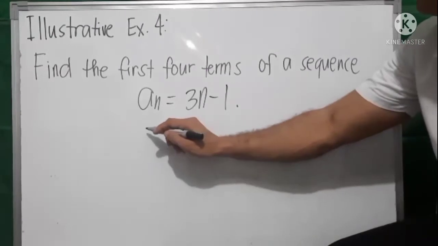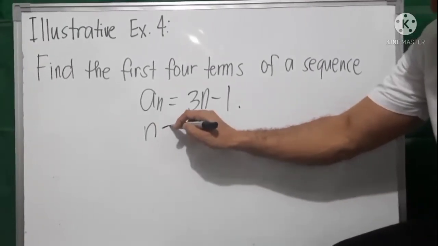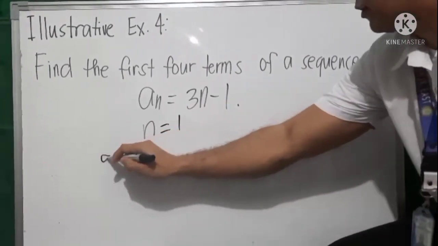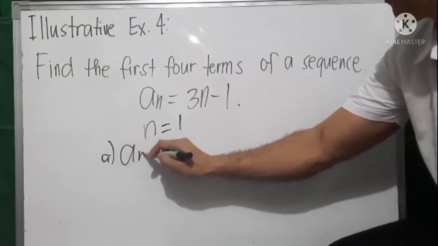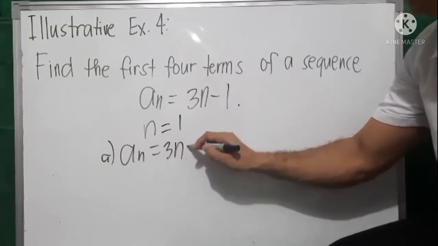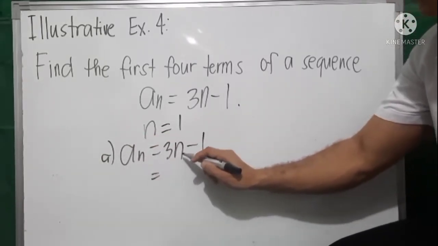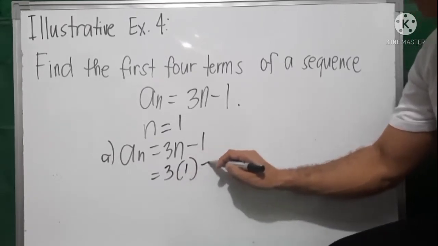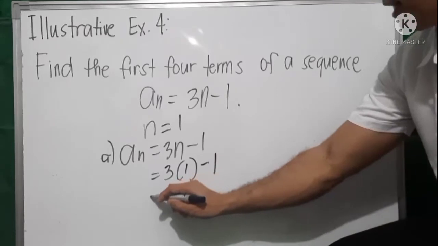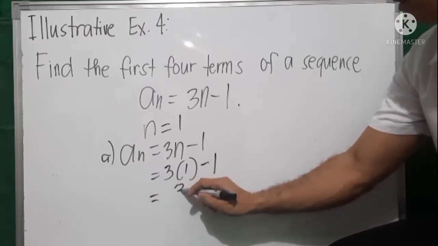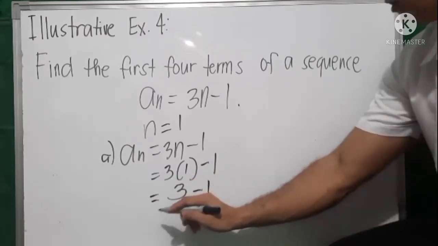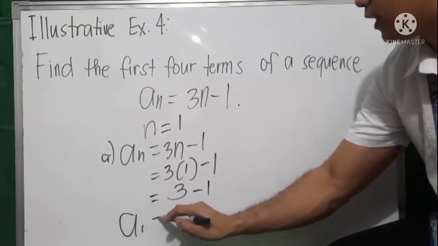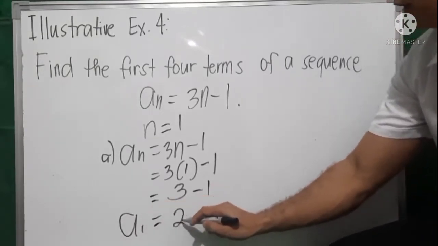The first term, let us substitute n by 1. So we have a sub n equals 3n minus 1. Then substitute n by 1. So we have 3 times 1 minus 1. Then multiply and simplify. So 3 times 1 is 3 minus 1. So therefore, a sub 1 is equal to 2.